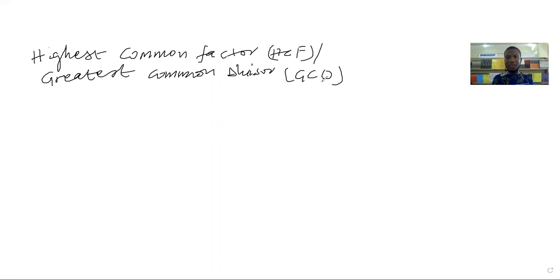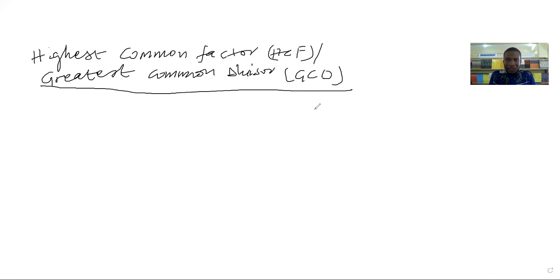And again, what most of us already know is we find the factors of each of the numbers we have been given. And then after that, we list the common factors. After listing them, we pick the highest among them as the greatest or the highest common factor.